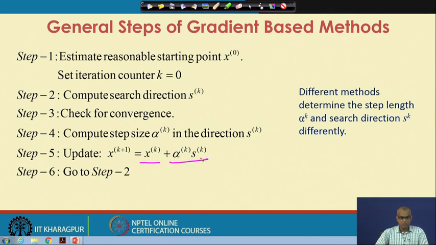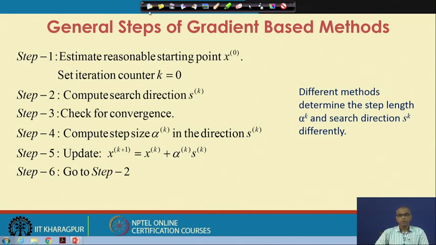After this, you again go to step 2, where we further find the search direction for the next step. Then we proceed until we reach convergence. Now, these are the general steps for all gradient based methods.